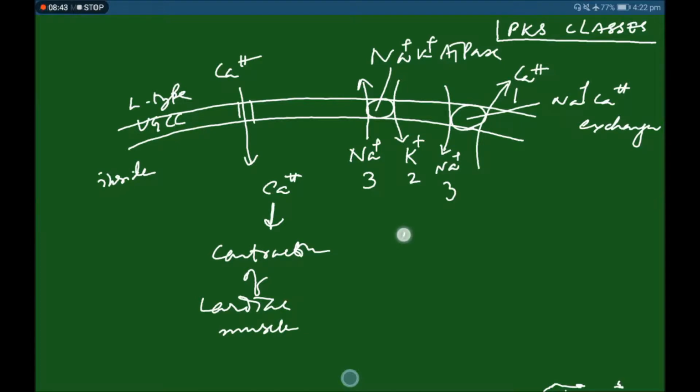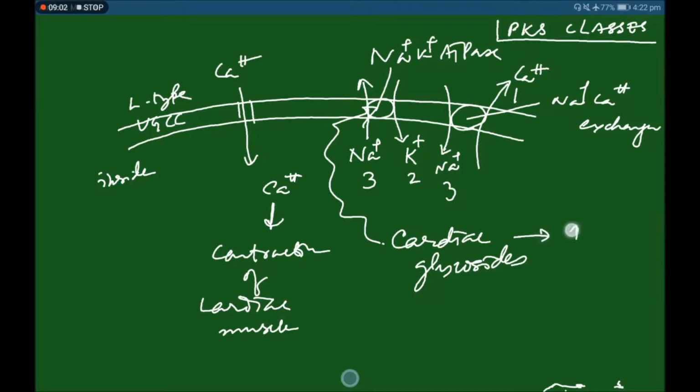So we have cardiac glycosides, which inhibit this sodium potassium ATPase. When sodium potassium ATPase is inhibited, this increases the sodium concentration inside.